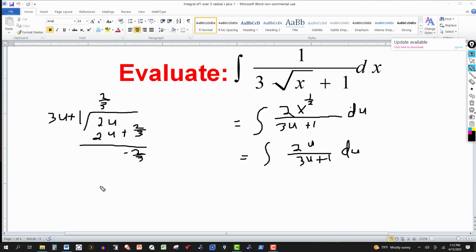So I can rewrite this then as the integral of 2/3 here. So I'm replacing this integrand here, 2u over 3u plus 1, by 2/3. And then this will be a minus here, and then it'll be 2/3 here over 3u plus 1. This will be du.